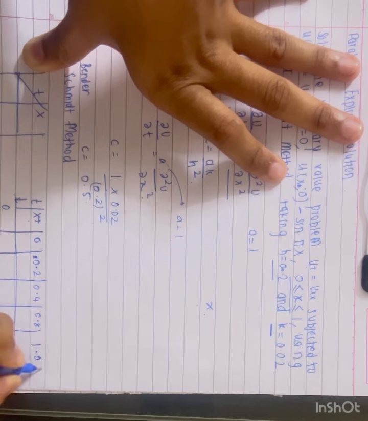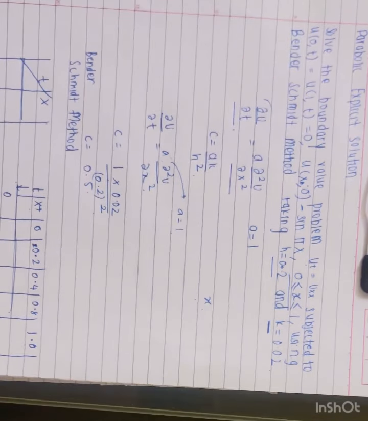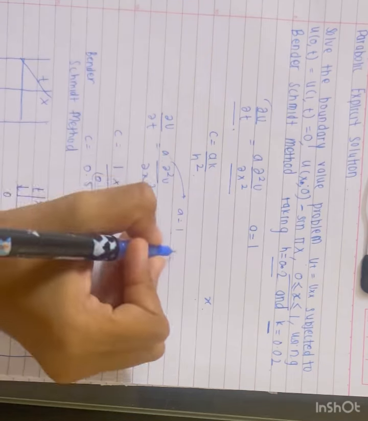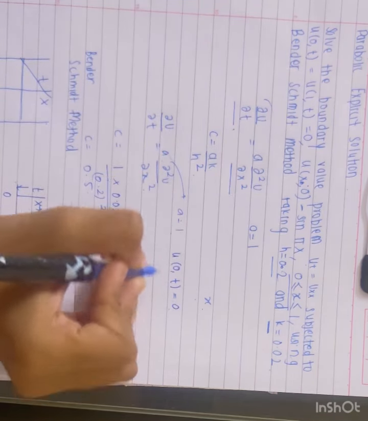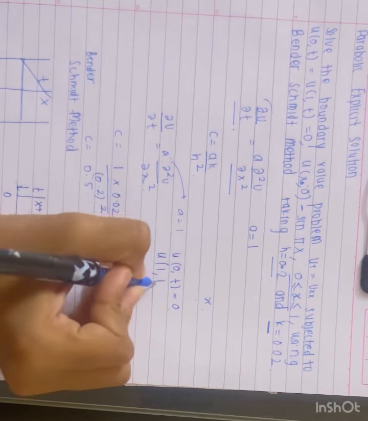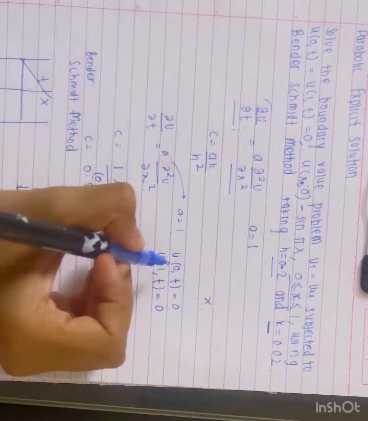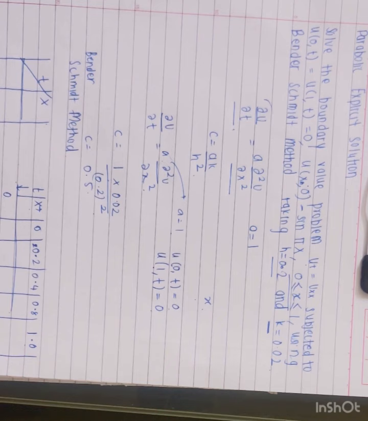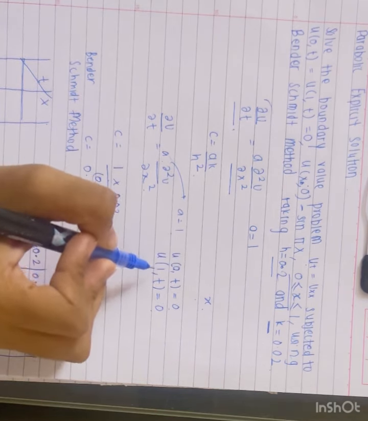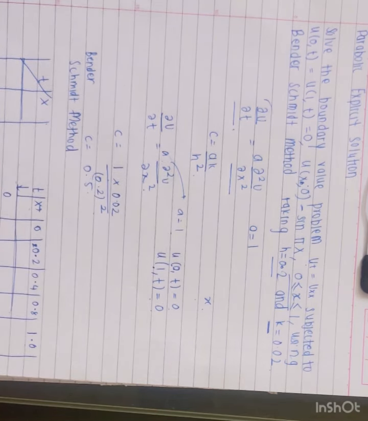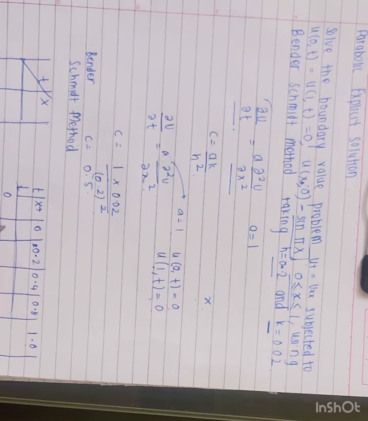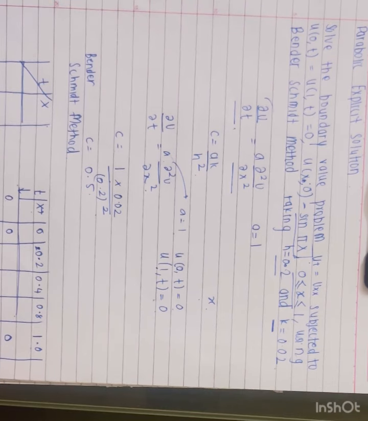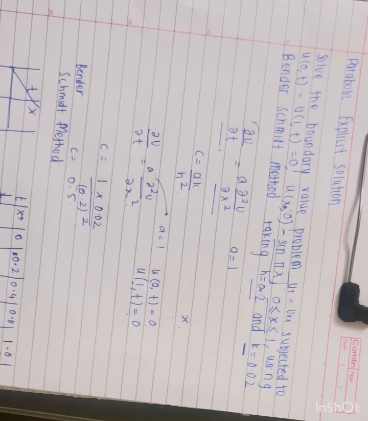What we are going to do next is, when x is 0 and when x is 1, the value of u is 0 for all t. So in this column we will fill 0, 0, 0, and in this column also we will fill 0, 0, 0.